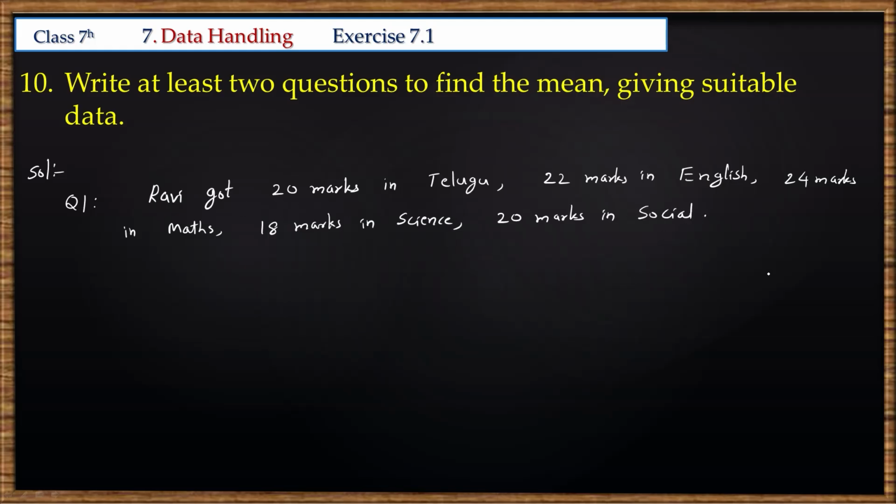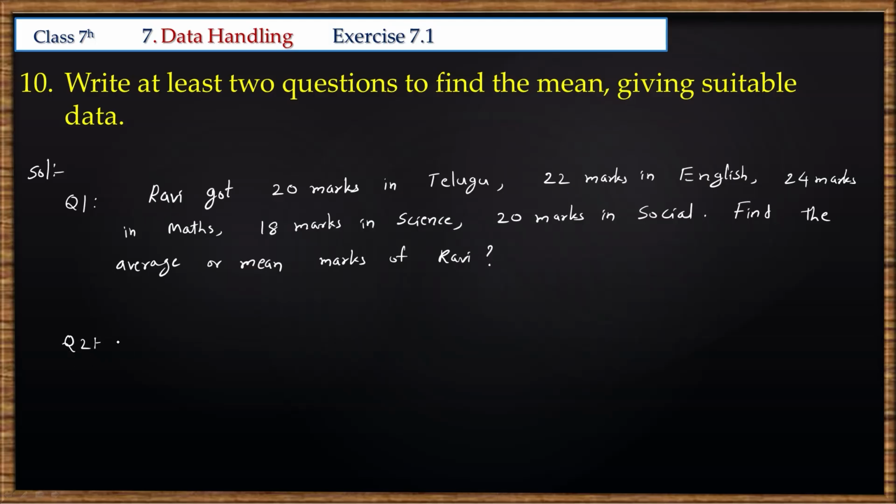We have given all the marks of Ravi in all subjects. Now we can find the mean mark. That means find the average or mean marks of Ravi.